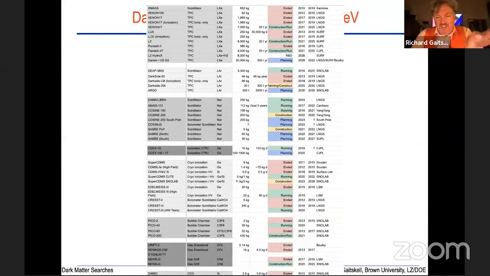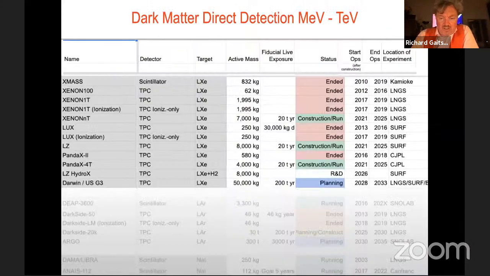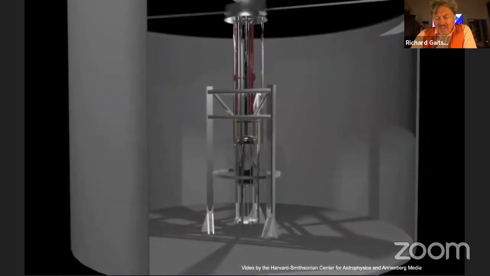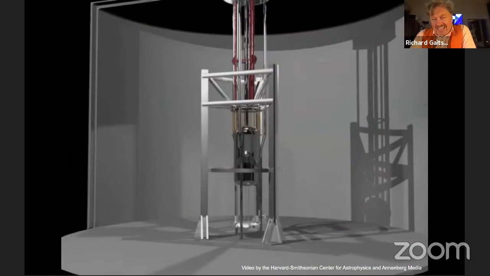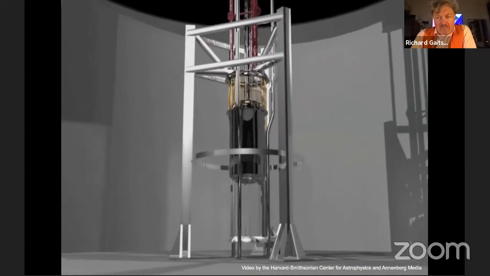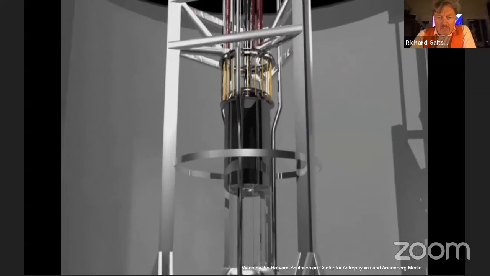So let me just focus in on those technologies now, and obviously I'm going to start with the liquid xenon, which is one that's very close, having worked on it for 15 years now. This animation is actually for the LUX experiment. The configuration is one that's pretty much repeated through a whole slew of experiments.